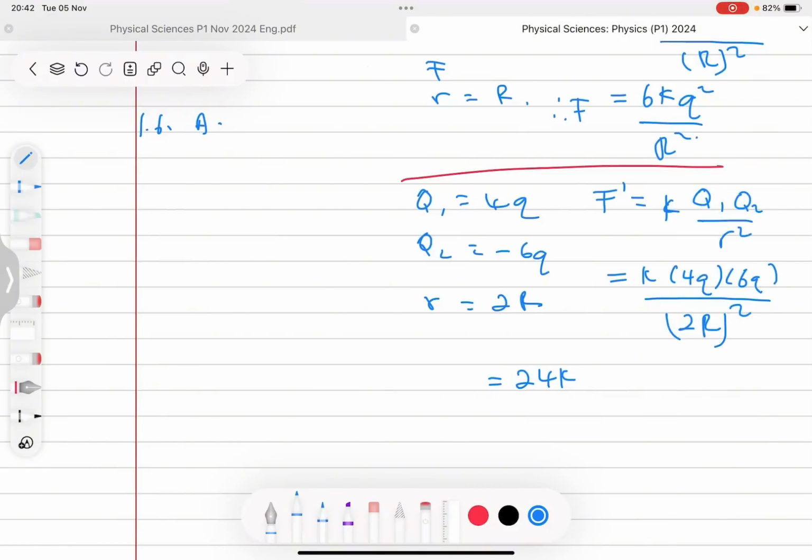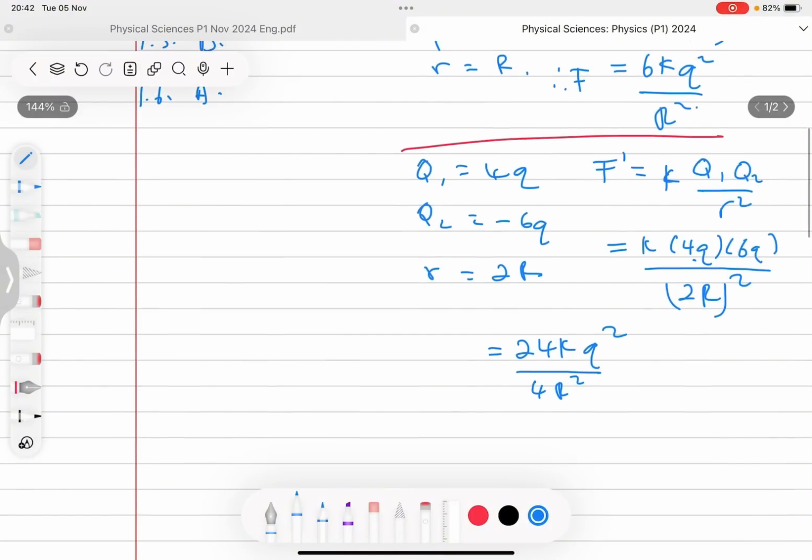So I'll have a 24K, and then the Q and the Q will be Q squared. And then here, obviously when we square the 2 it's going to be a 4, and the r squared will be r squared. When you divide 24 by a 4, you should be able to get a 6.